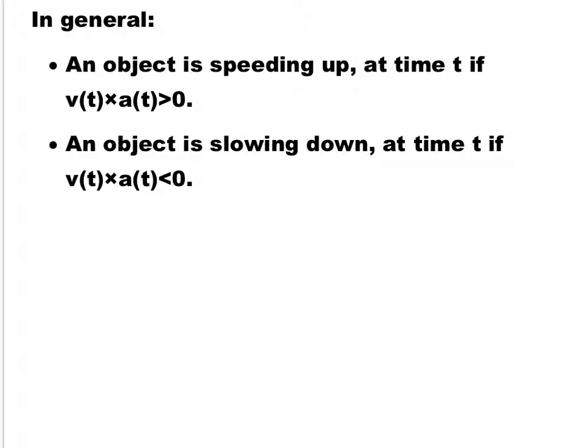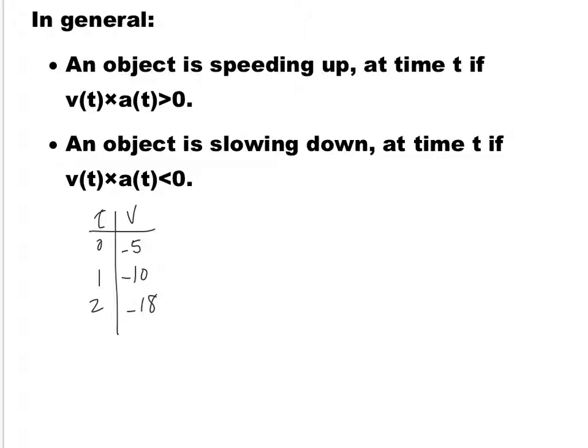To fully understand why the object is speeding up when the product of velocity and acceleration is greater than 0, let's consider a couple of tables of values. Let's say we have the following scenario. At time 0, 1, 2, the velocity is negative 5, negative 10, negative 18.